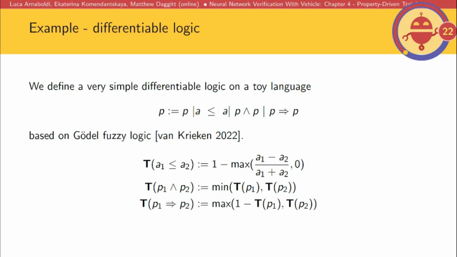So for example, if I wanted to translate A1 is less than A2, I have this formula 1 minus maximum of (A1 minus A2) divided by (A1 plus A2) and 0, so maximum of these two values. And is a minimum, implication is a maximum of 1 minus translation of P1 and translation of P2. Something along these lines. There are different ways to translate this, but let's take this as an example.